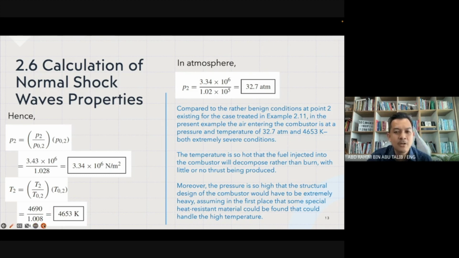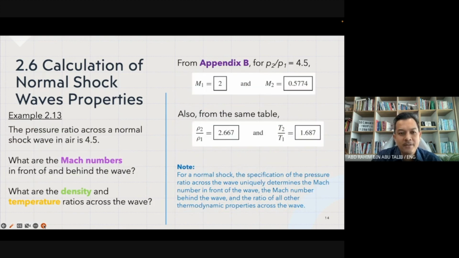All right, so when you are designing this kind of jet engine, ramjet, at very high temperatures, you have to consider what are the pressures associated with it and what are the temperatures associated with the flight regime. Okay, let us move into the next example.